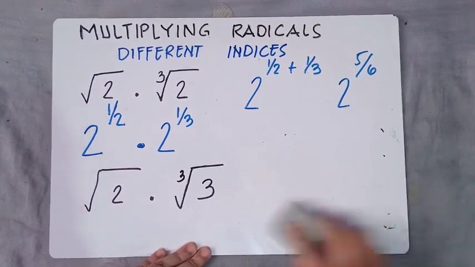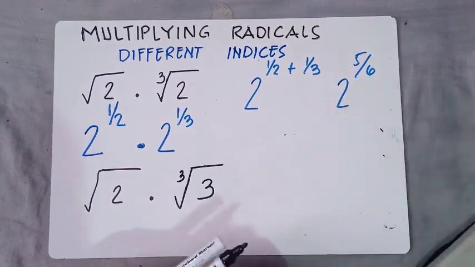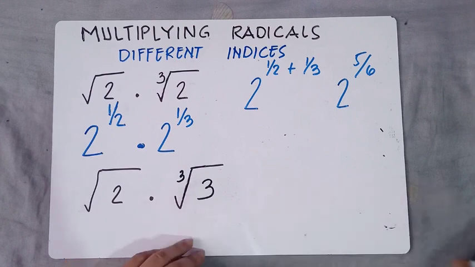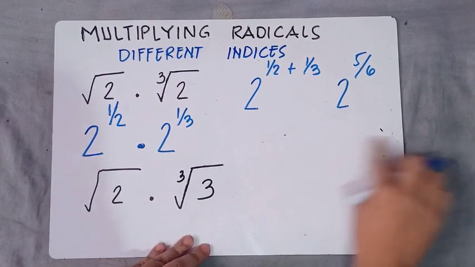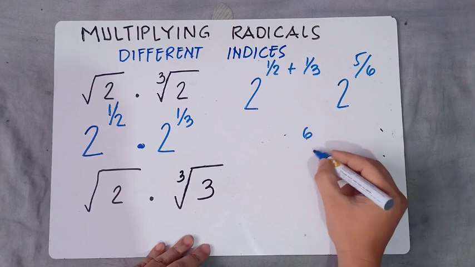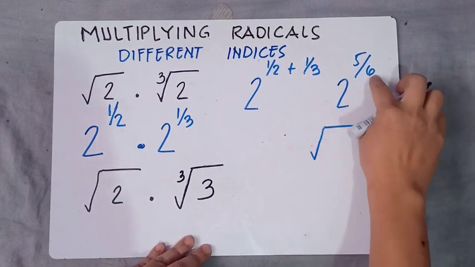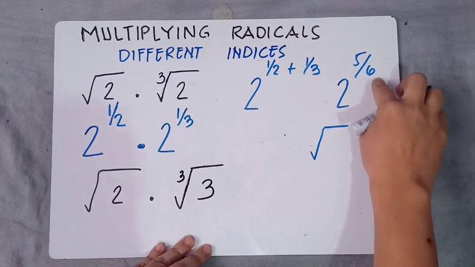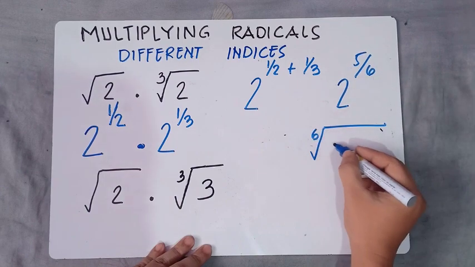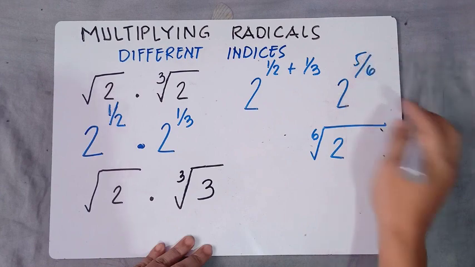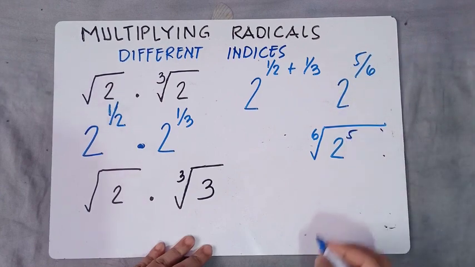For number 1, you write this in radical form. The answer will be the 6th root, since the index is 6, the denominator. So the 6th root of 2, and 5 here will be the exponent, raised to the power of 5.